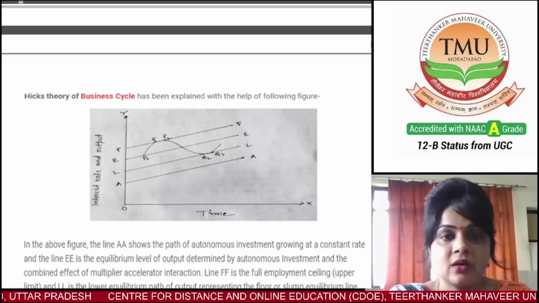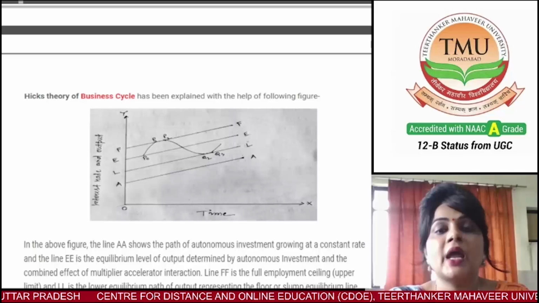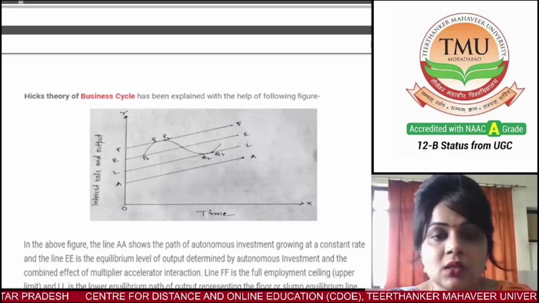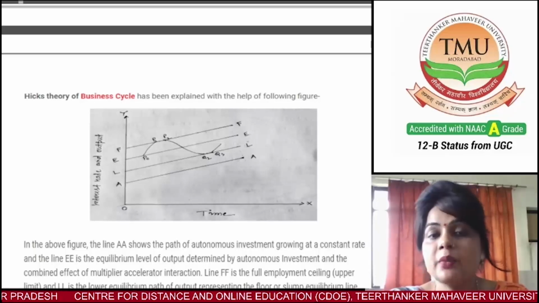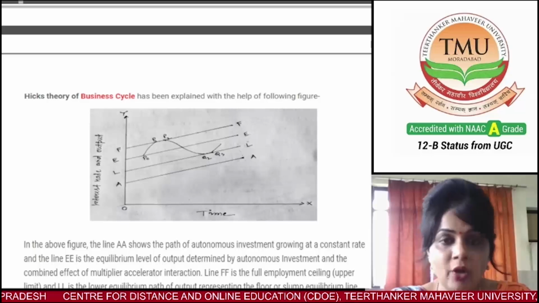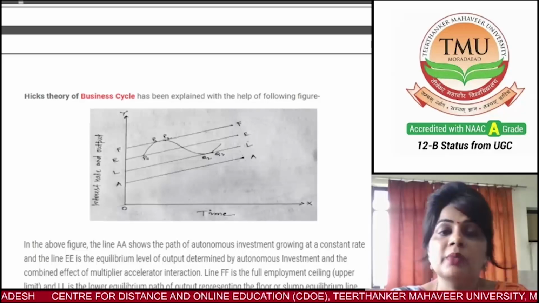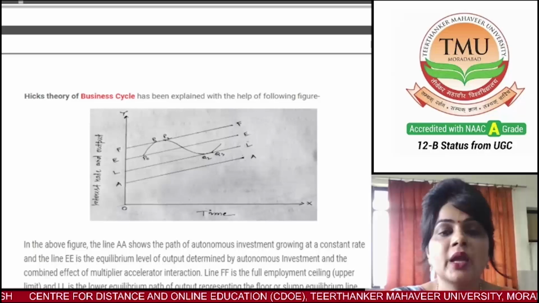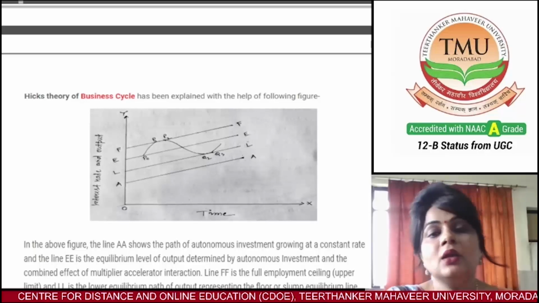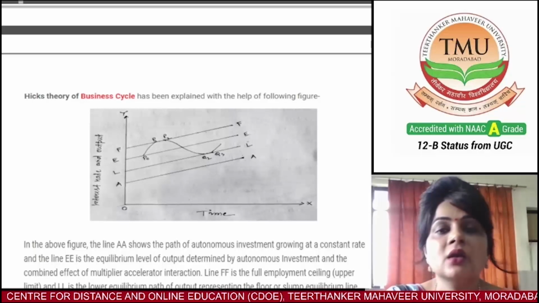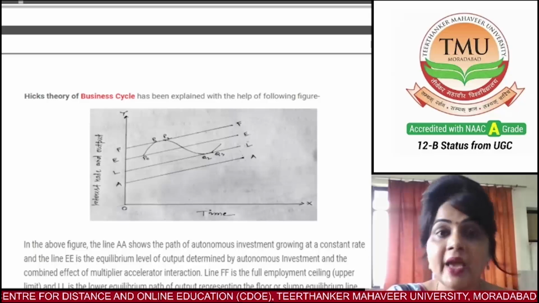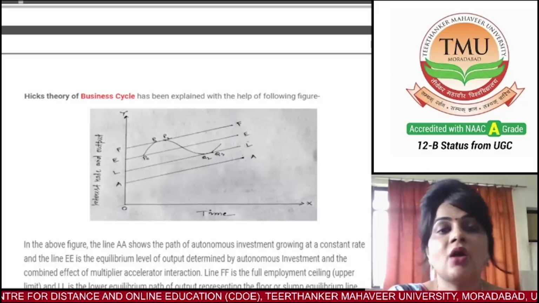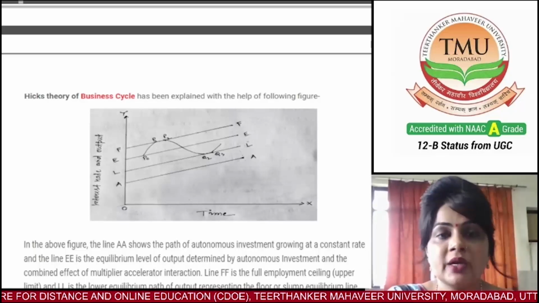determined by the accelerator. The economy will be moving along the equilibrium growth path line EE, thus starting from point E, the economy will be in equilibrium, moving along the path EE determined by the combined effect of the multiplier and accelerator and the growing level of autonomous investment.